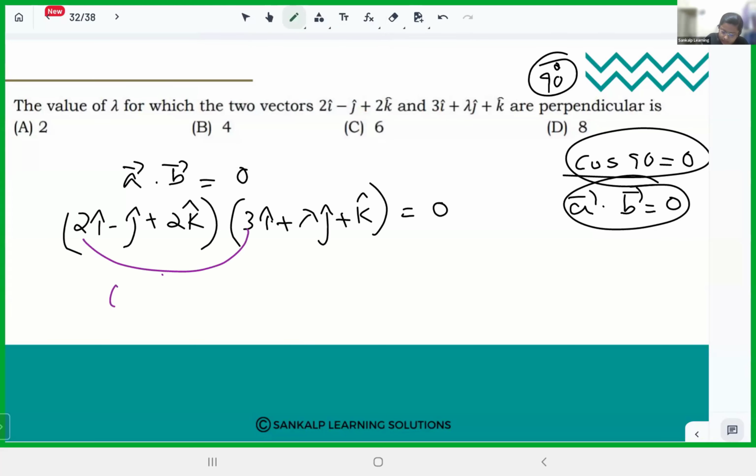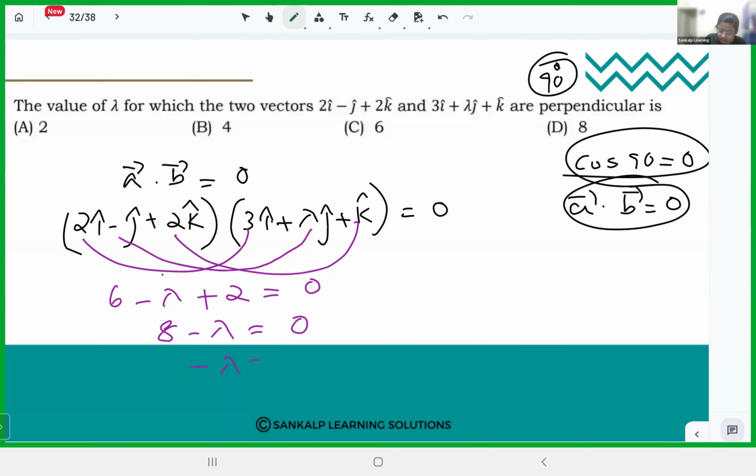Then minus 1 into lambda, minus lambda. Then 2 into 1 is plus 2, equal to 0. So 6 plus 2 is 8. 8 minus lambda equal to 0. So minus lambda equal to minus 8, so lambda is equal to 8. This is our answer. Option D is the answer.